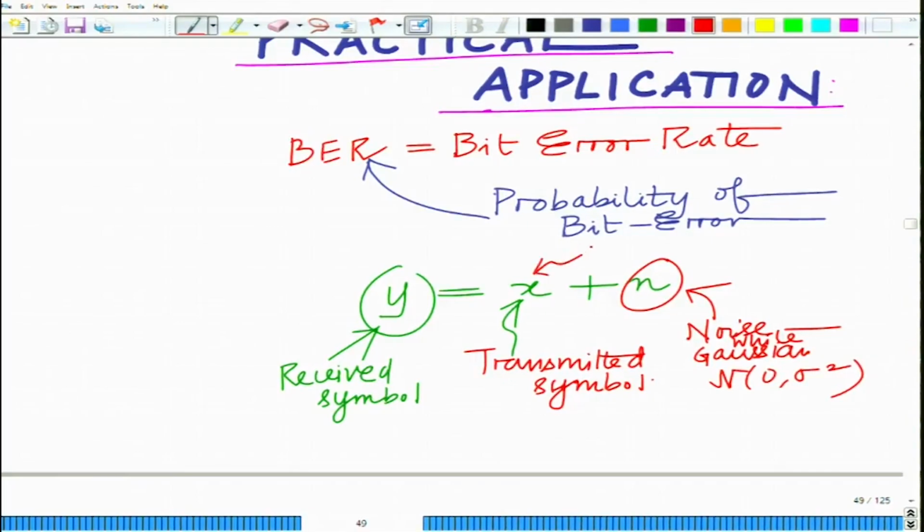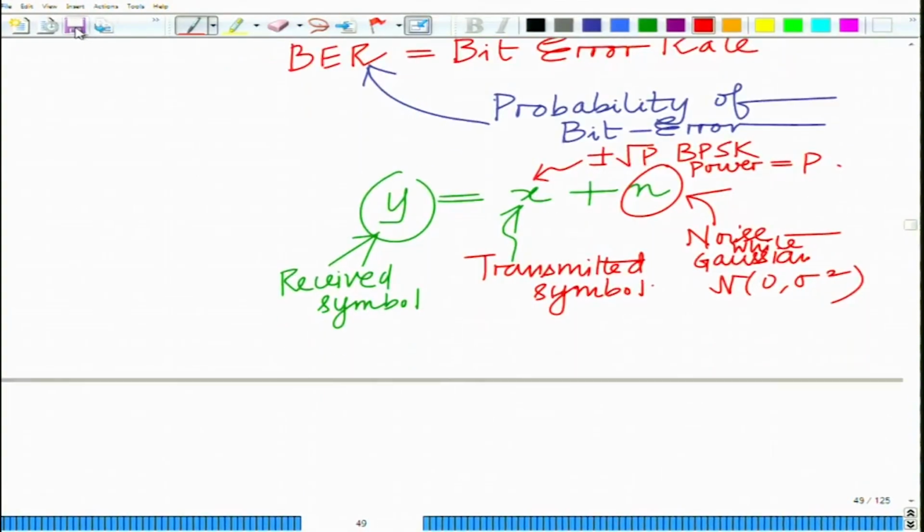X can be a symbol, typically take this as plus or minus square root of p, that is a BPSK symbol, where BPSK stands for binary phase shift keying and the power is p. The noise is white Gaussian and it is additive in nature. Therefore, this is termed an additive white Gaussian noise channel.